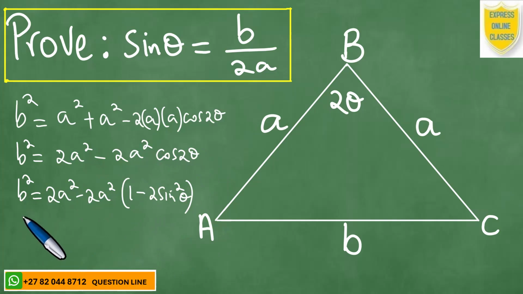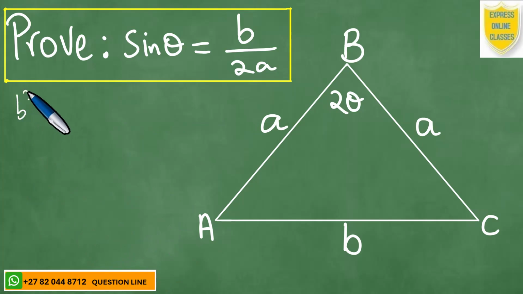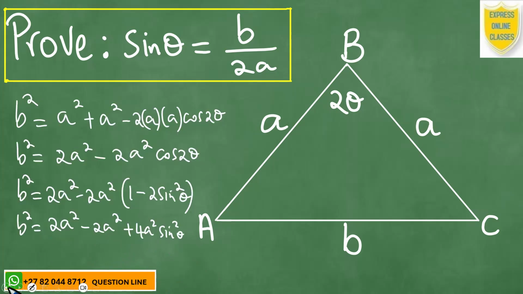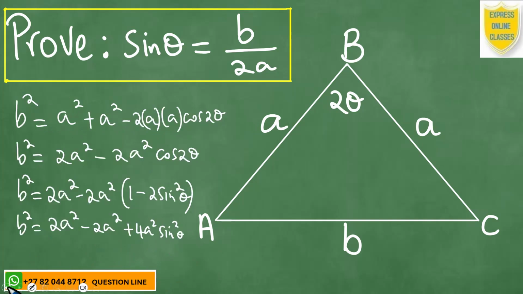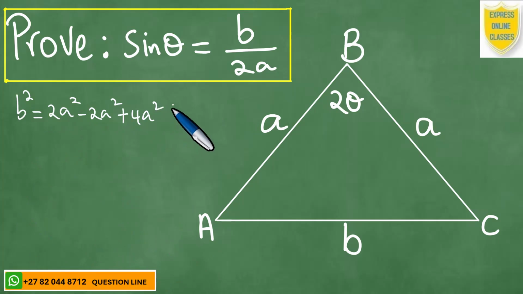So we multiply through by the 2a squared, getting 2a squared minus 2a squared plus 4a squared sine squared theta, which means b squared is equal to 2a squared minus 2a squared plus 4a squared sine squared theta.